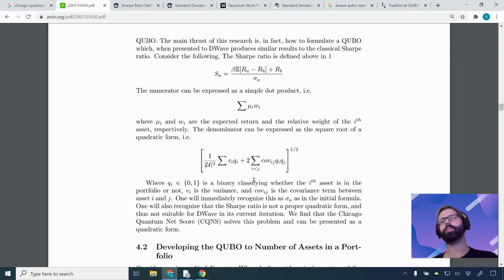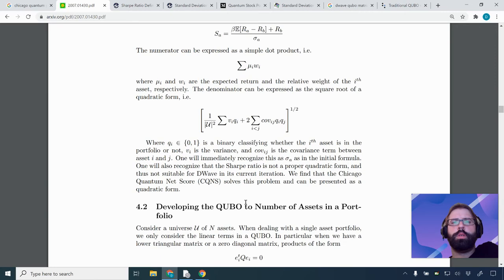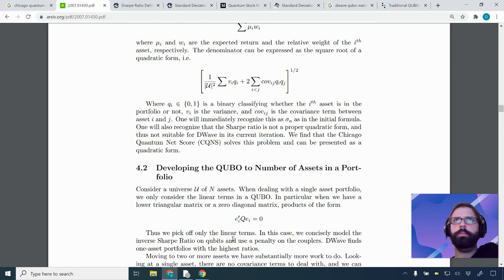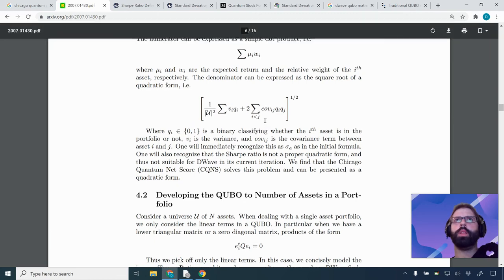So it minimizes the actual result of the QUBO, and so you're going to go with the asset that has the lowest variance. Yeah, the lowest variance. This means highest ratios, right? Because this part here is not going to be in there.